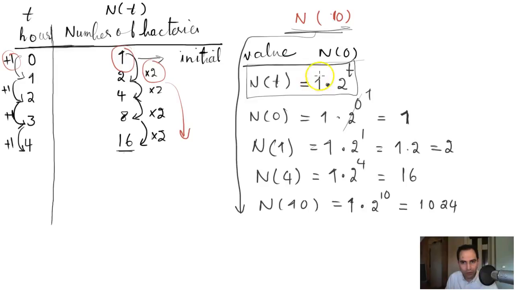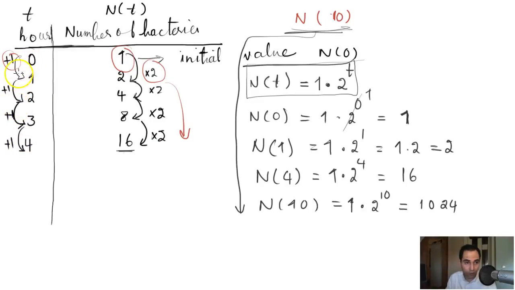But basically you need the initial value of the function, which is 1 here, and you know that, for example, n of 0 is equal to 1. And then this number by which the function is multiplied every time the input is incremented by 1.